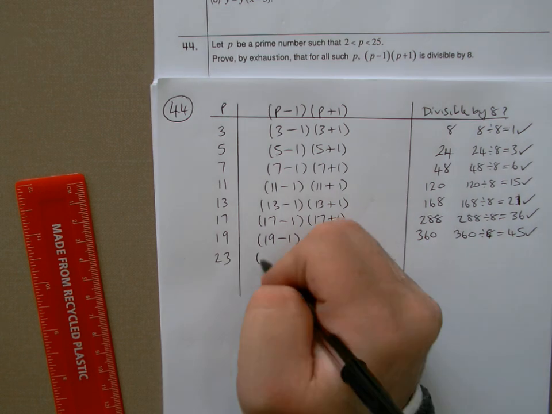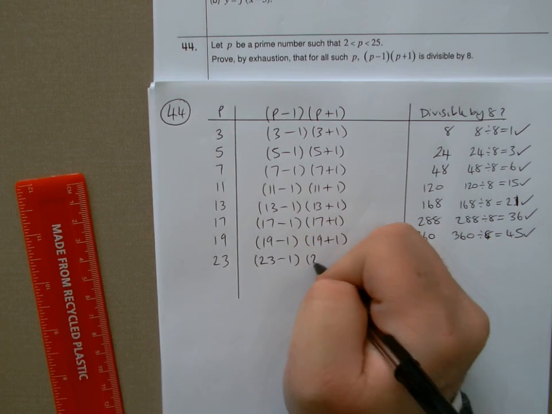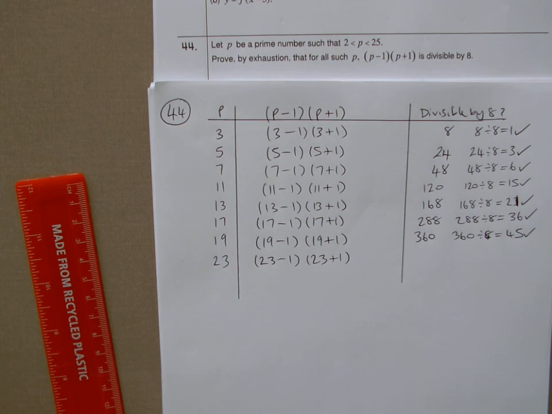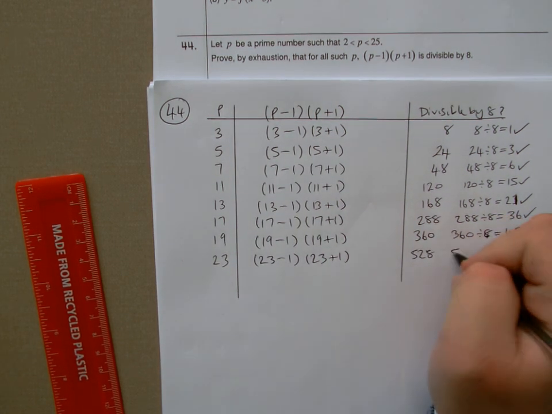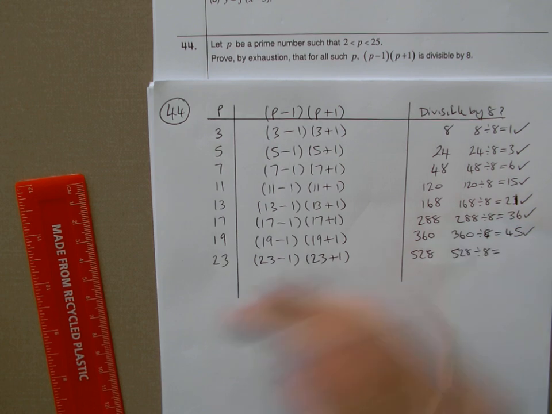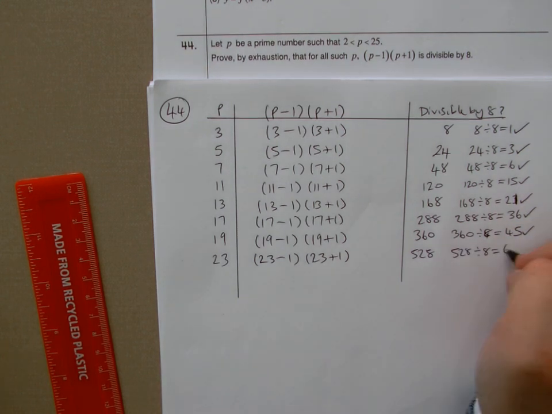And then finally then, 528, and is 528 divisible by 8? Well, let's just check that. It comes out to be 66.